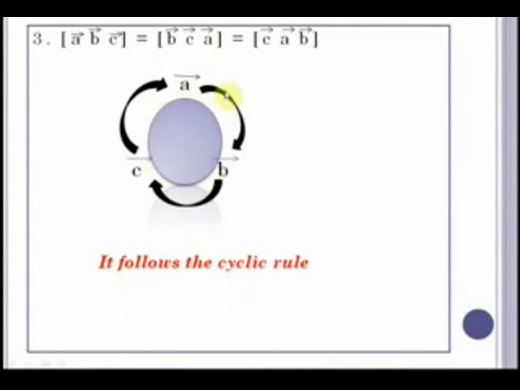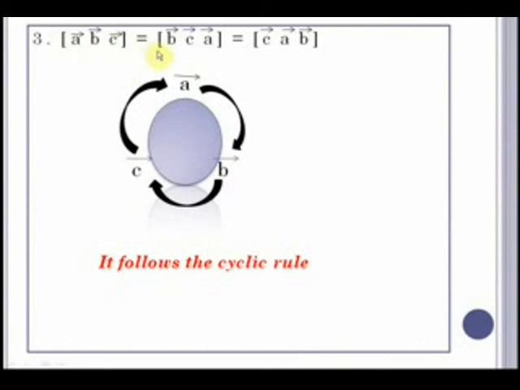So if we take A, B, C here, B, C, A or C, A, B, that is, if the cycle is maintained or the cyclic rule is maintained, then the value of all these three box products remains the same. But if we change the cycle, that is, if instead of BCA we have BAC, then this value would be the negative of ABC. Thus for the box product the cyclic rule applies.